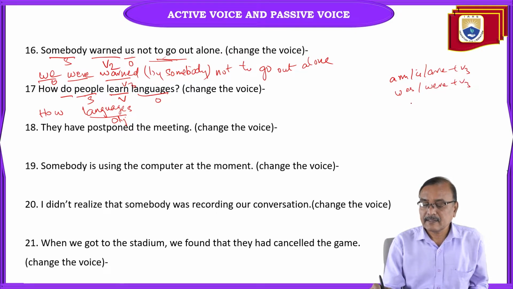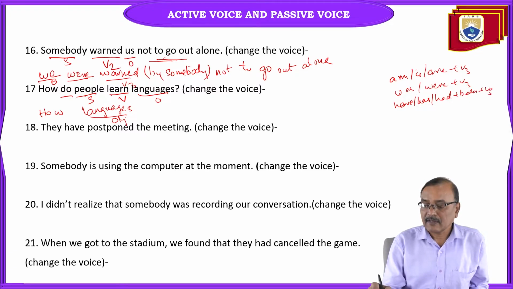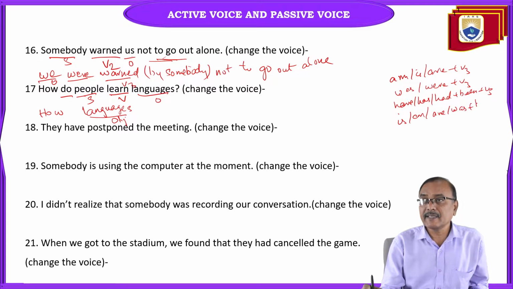Perfect tense: have, has, had, been plus V3. Continuous tense: is, am, are, was, were, being plus V3. Just remember this.